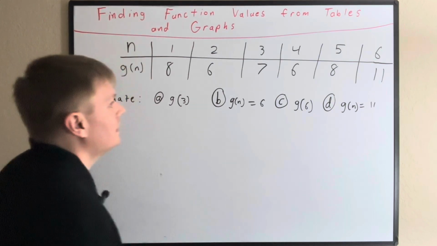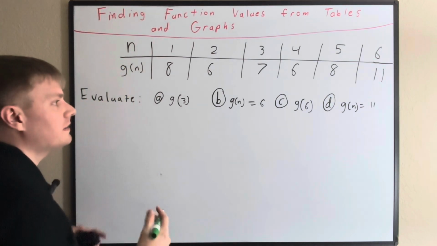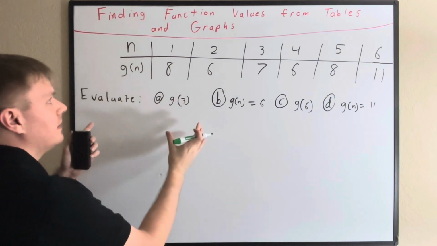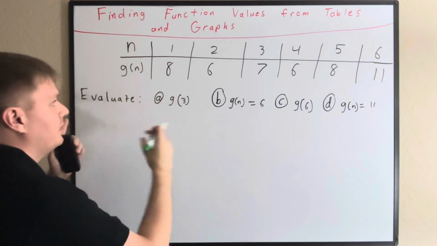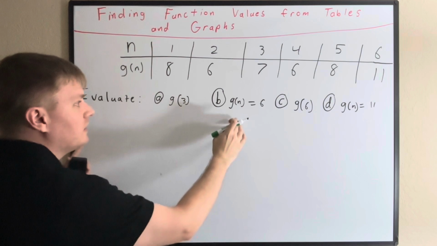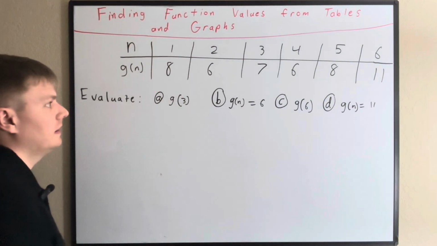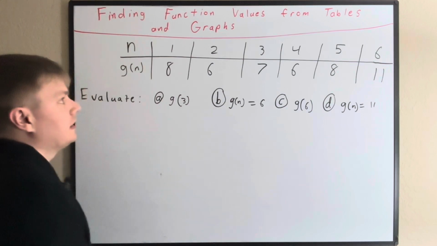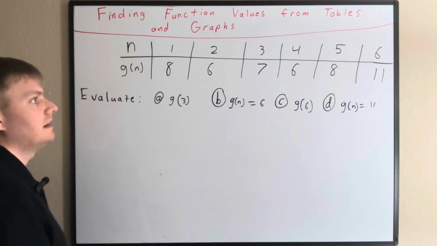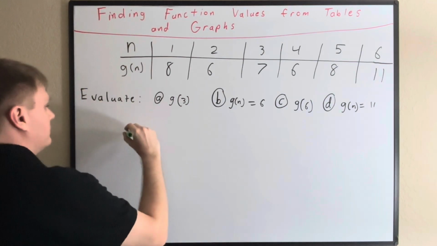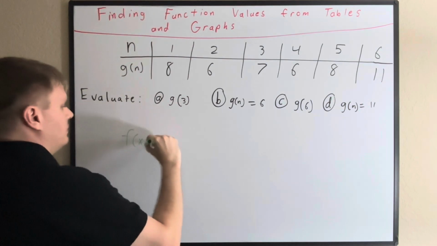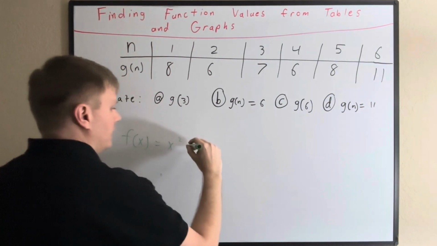So, usually when we're given a function and we need to evaluate it for a specific input, or an output to find the input, we're given f of x equals something.